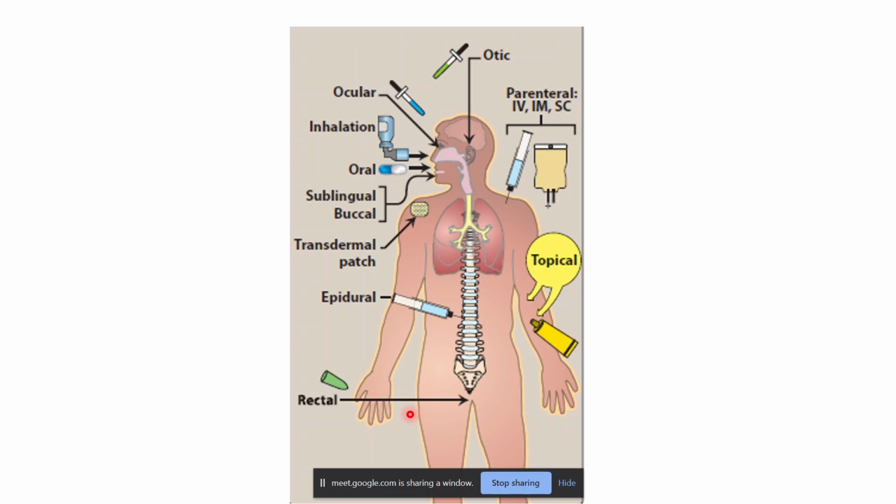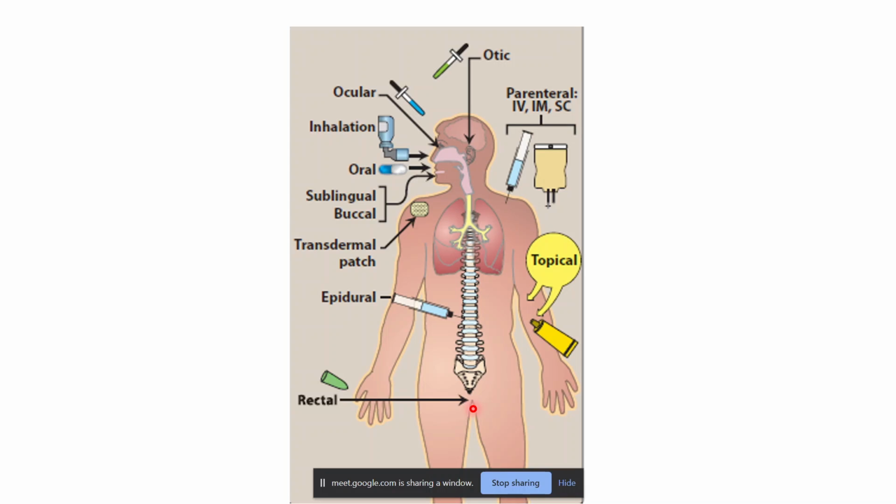And then the rectal way is the most unpleasant one for the patient, but there is a peculiarity: about half of the systemic blood from the rectal region bypasses the portal circulation, and that will save the drug from biotransformation in the liver.